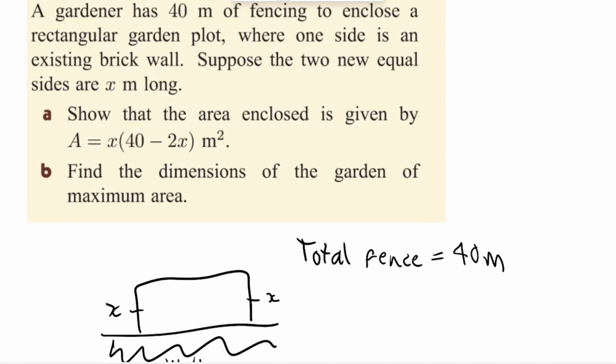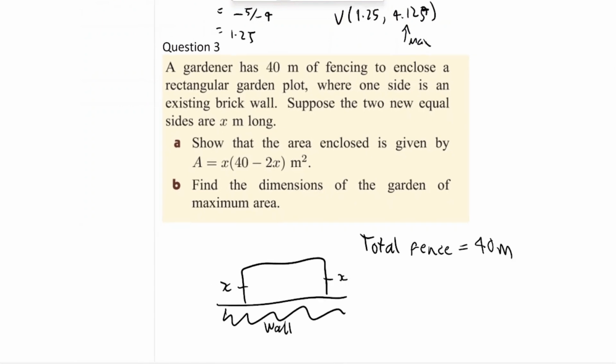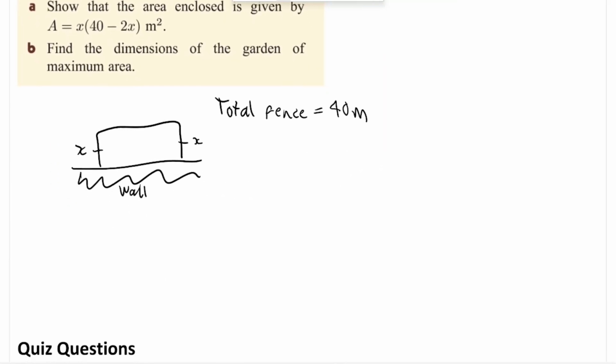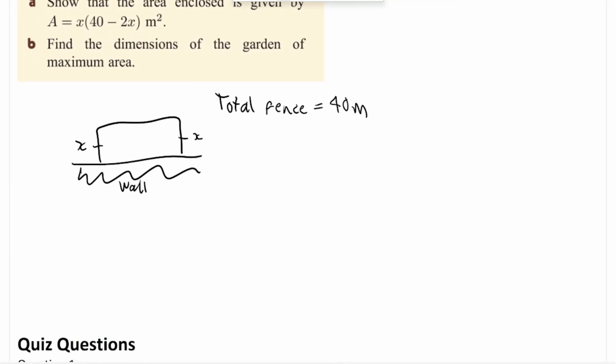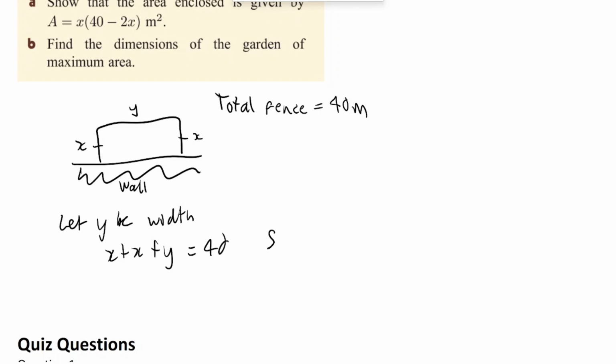All right. So we've got to show the area enclosed is given by that. This is a multi-step problem. We could call that bit y. So let y be the width. Then we know x plus x plus y equals 40 because this is the total length. So that tells us that 2x plus y equals 40.